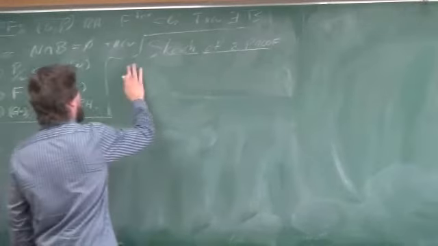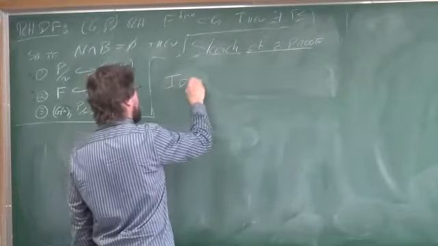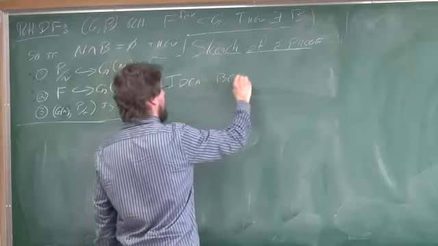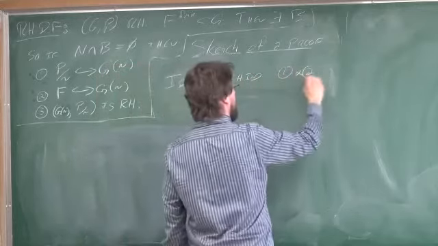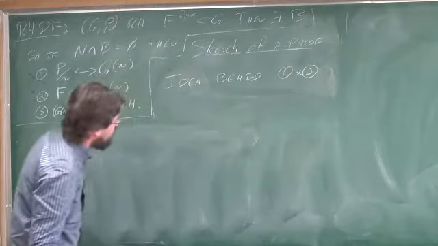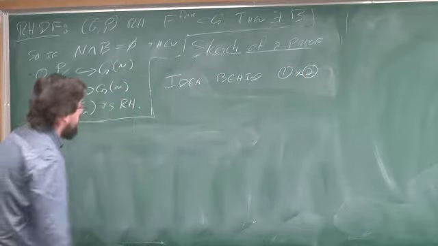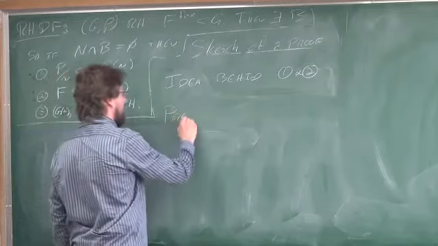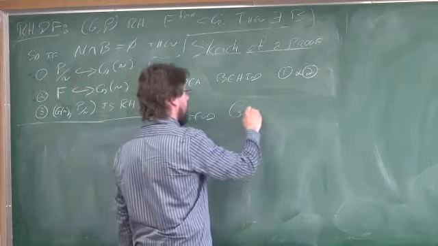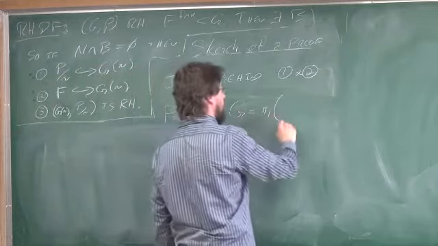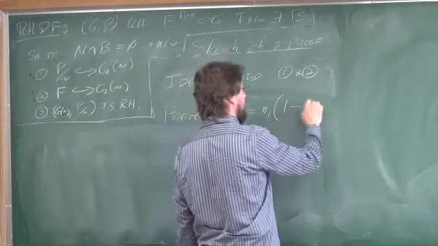So for 1 and 2, this is the idea behind a proof of 1 and 2. So there are other ways to attack this problem. So pretend that G is equal to the fundamental group of a one-cusped hyperbolic manifold.